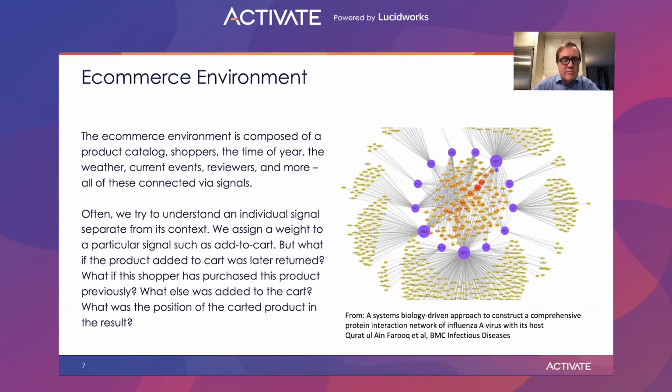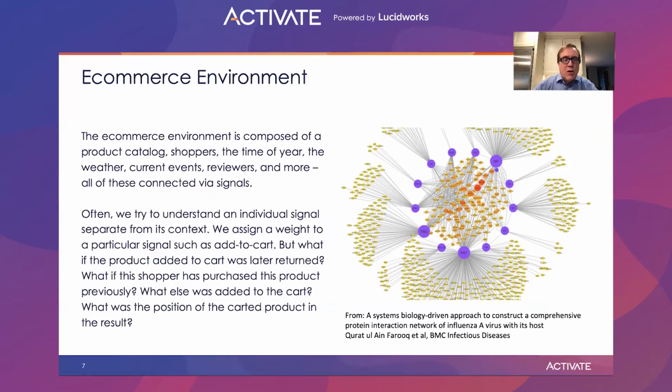One cart might deserve more weight than another cart, because what happens if the product that was carted and then purchased was later returned, or it was simply removed from the cart? What if this shopper has purchased this product previously? Maybe that should have a different weight than the first time someone purchased that product.